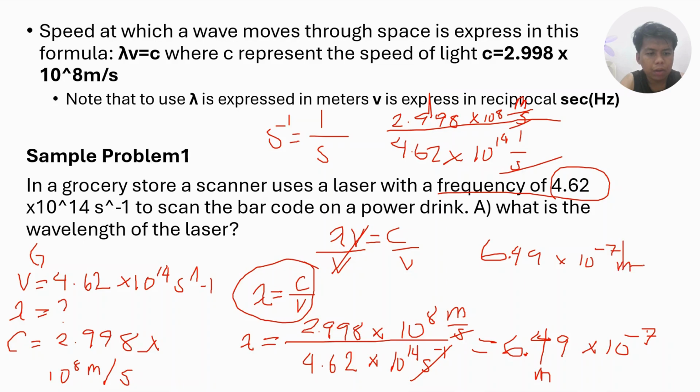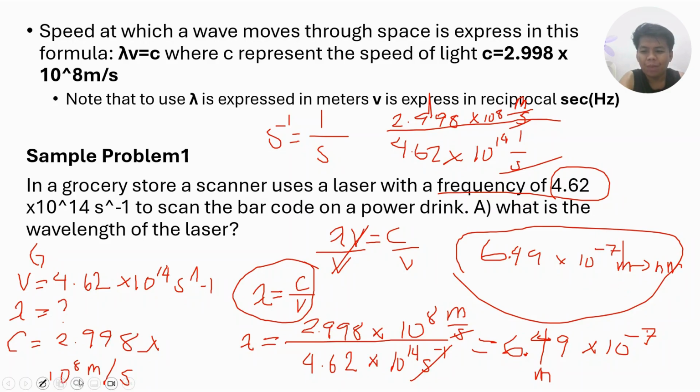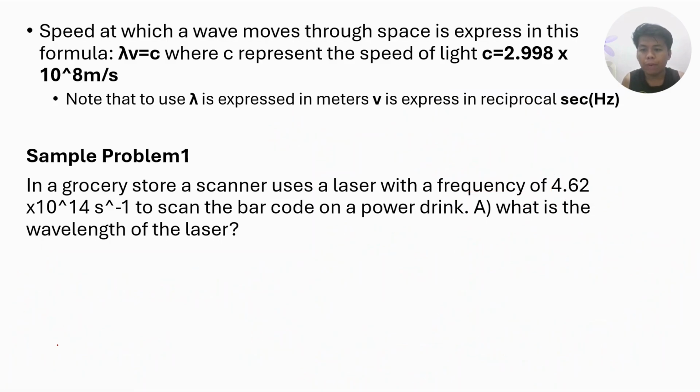You can actually compute this into nanometers if you want. Just take note of the conversion factor. You can, but this is already an acceptable answer. If you just ask your professor if they want it to be calculated in nanometers. But for me, I'm not a teacher, but that's already fine with me.